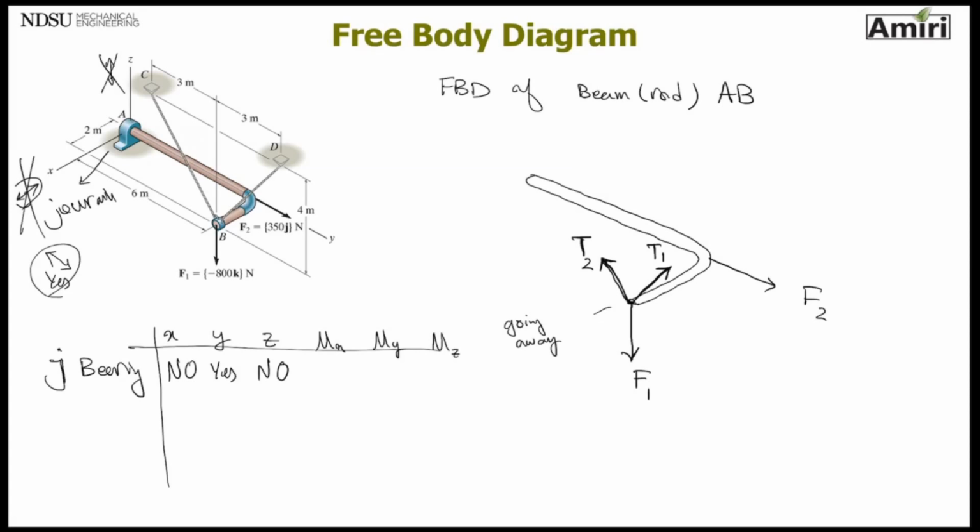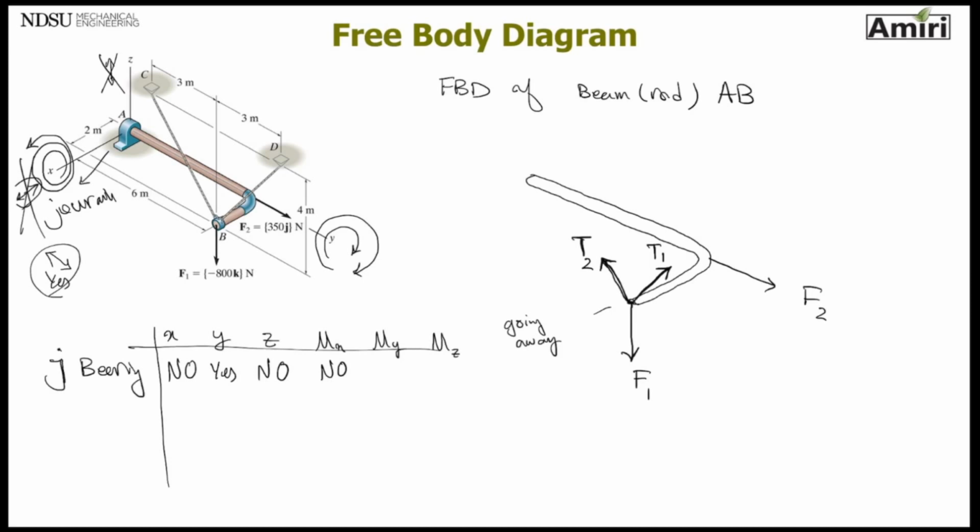So I'm done with those 3. Now let's see. Does this rotate about the x-axis, meaning this rotation here? I don't think so. That bearing is fixed and this rod cannot rotate. So it's a no. Can this rotate around the y-axis, meaning this way? Yes, it can. Again, that's the whole point of a journal bearing.